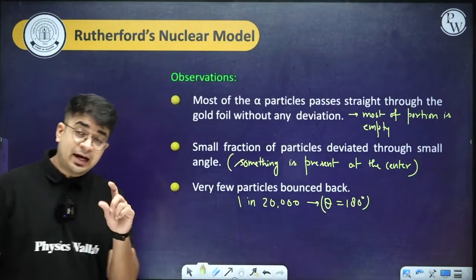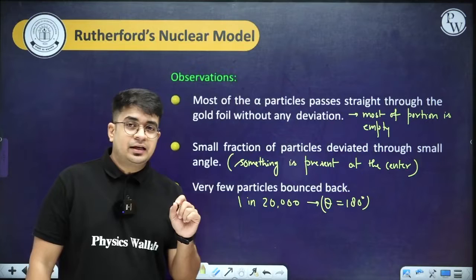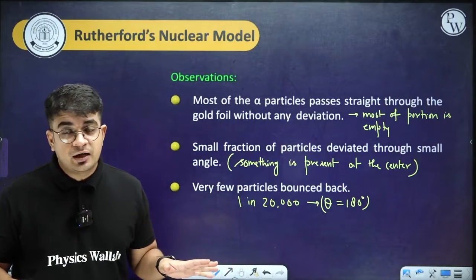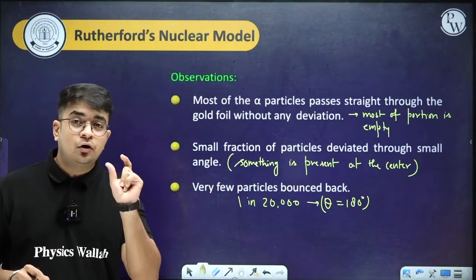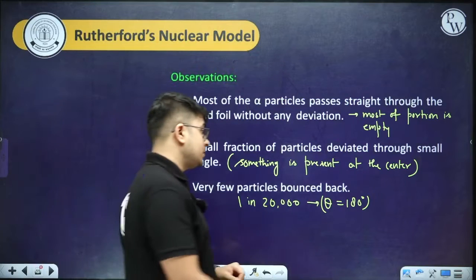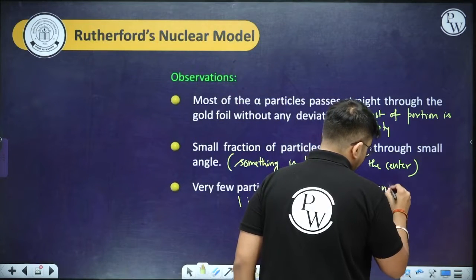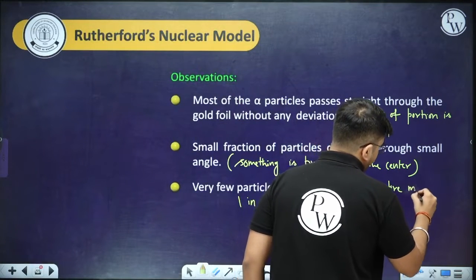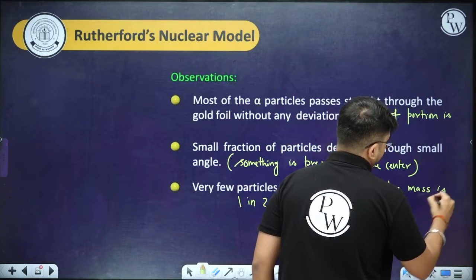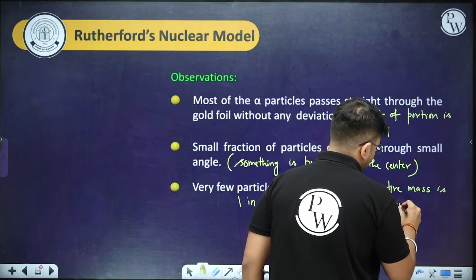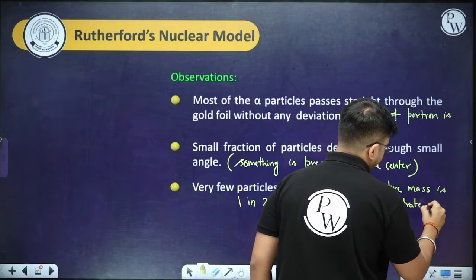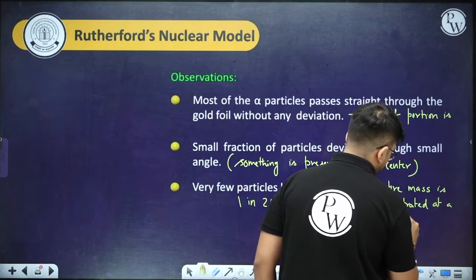It means the entire mass of the atom is not uniformly distributed, but it is actually concentrated at a single point.